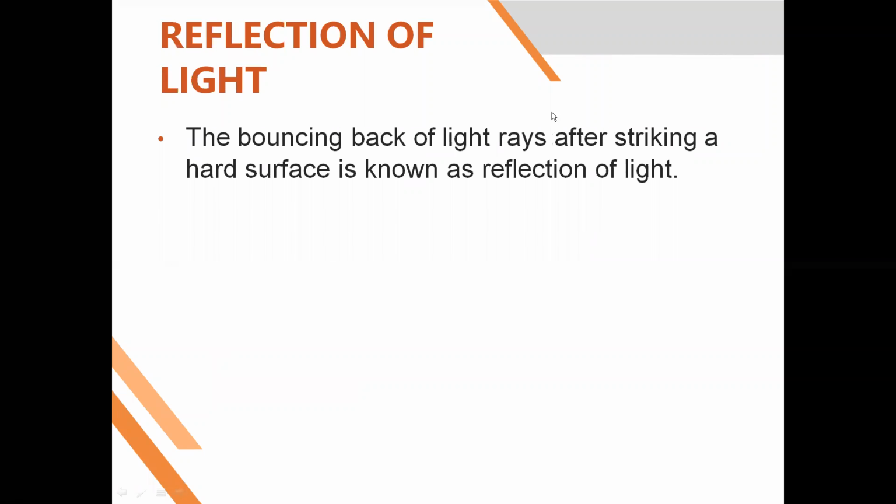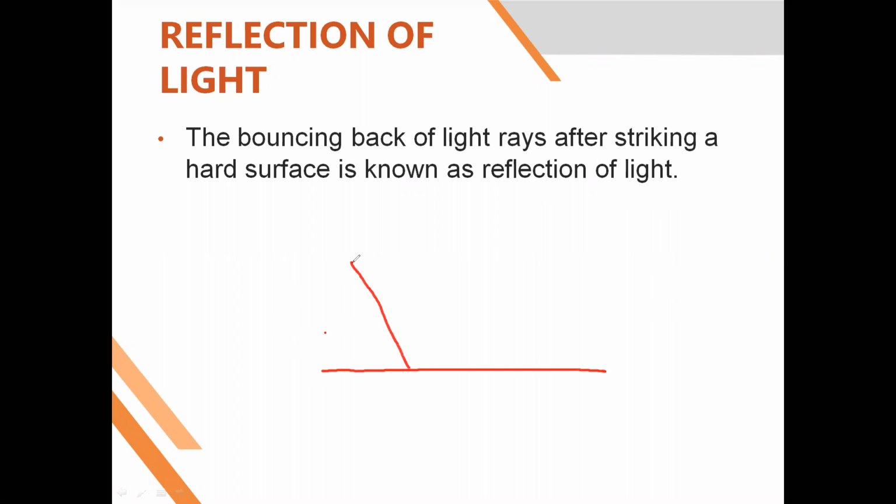To begin with, we have reflection of light with its definition. It says that the bouncing back of light rays after striking a hard surface is known as reflection of light. So if this is a screen or a surface, this is a ray of light which has fallen on it.